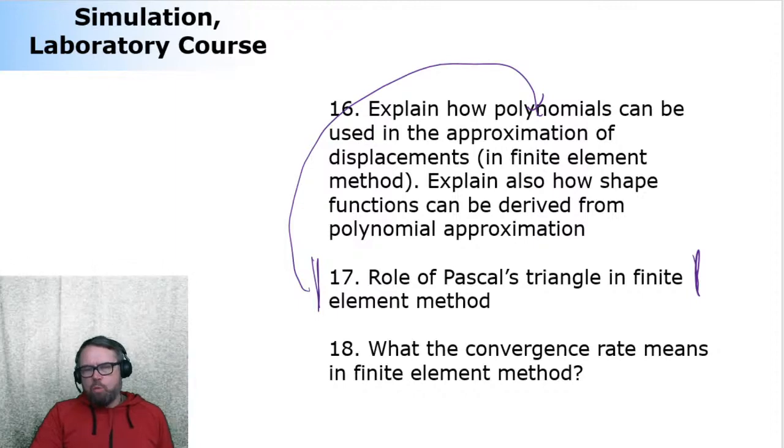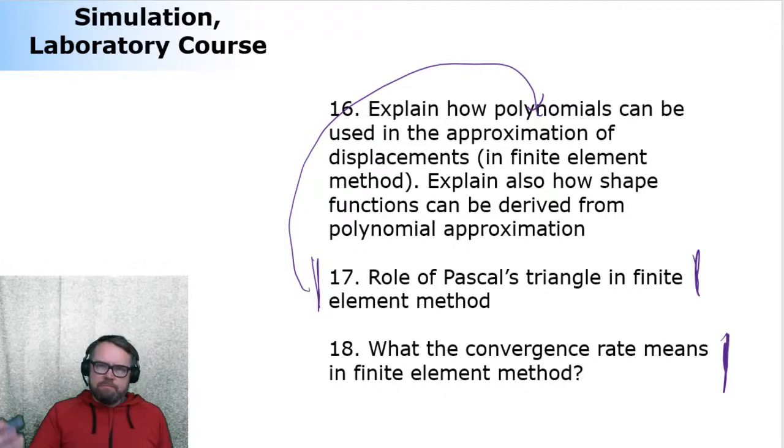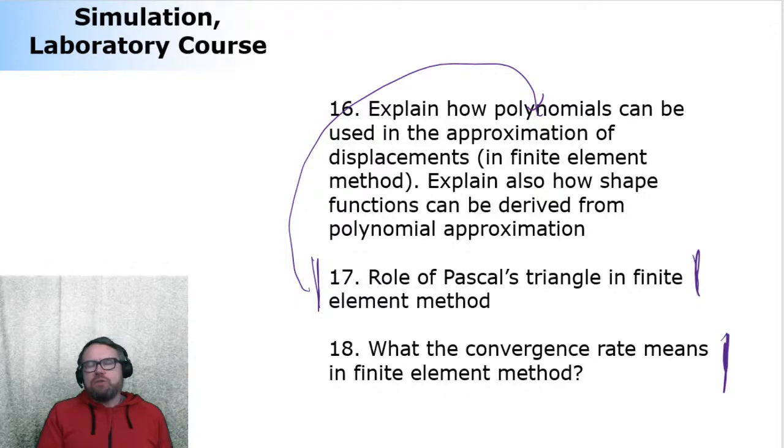What is convergence, or what does the convergence rate mean in the finite element method? Shortly stated, it means how few or how many elements you need to use to get an acceptable solution. Because, like I said, the solution gets better and better the more elements you use. But maybe you want to use as few elements as possible.